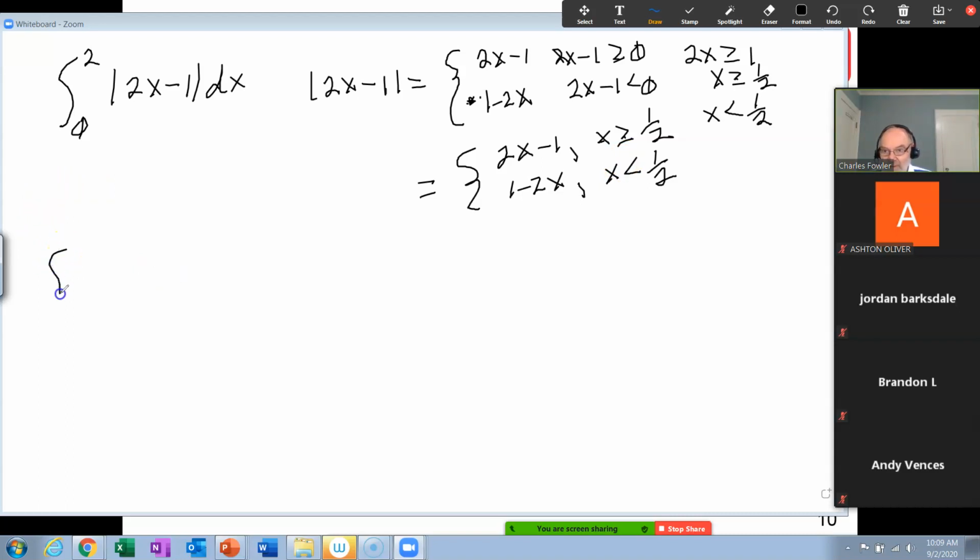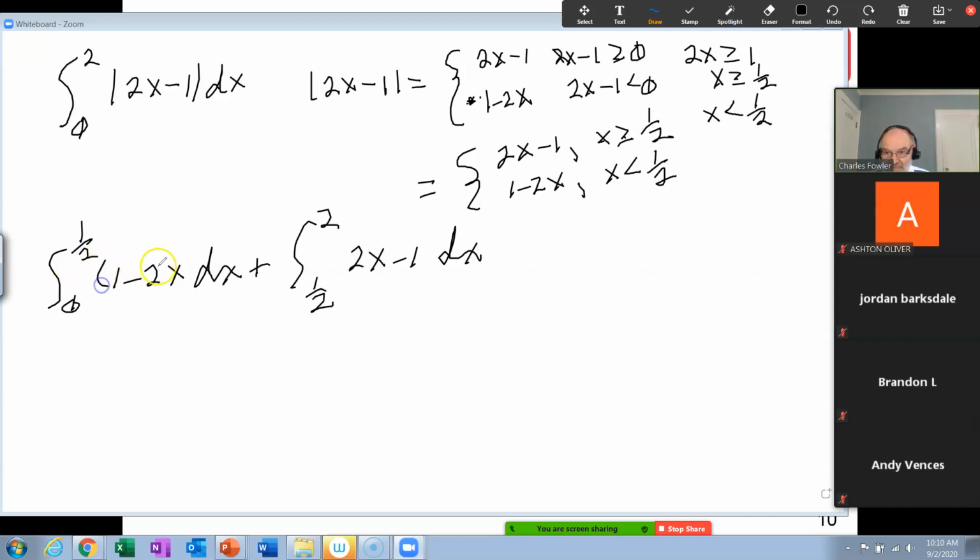The first part is the integral from 0 to 1/2, and that will be this value here, 1 minus 2x dx, plus the integral from 1/2 to 2 of the second part, and that would be 2x minus 1 dx. And you might want to put those in parentheses. If you like parentheses, do them. It might make it easier to see and understand.